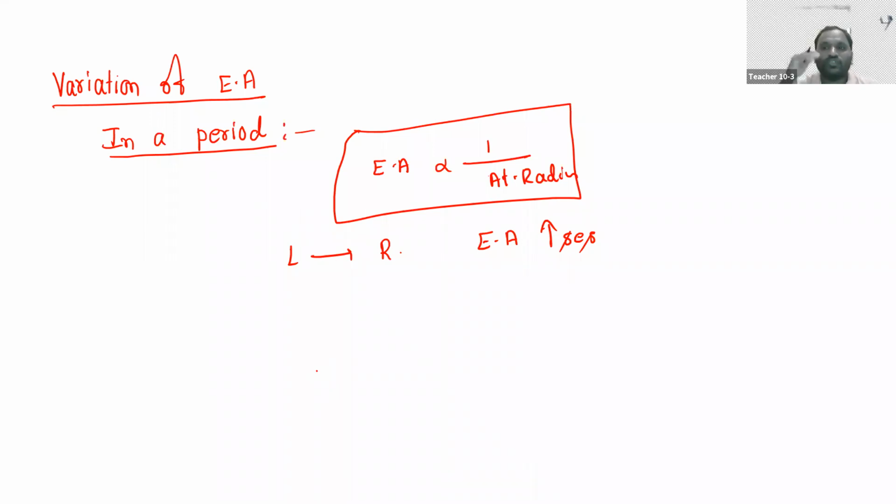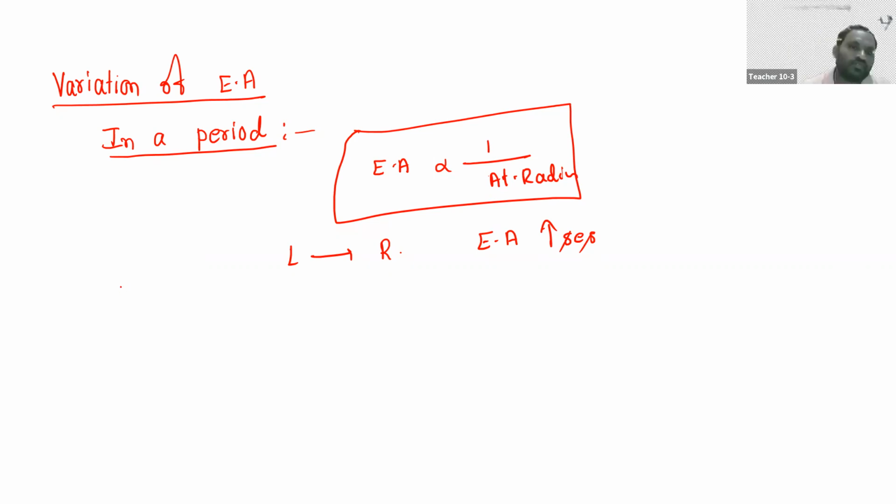They are not ready to lose electrons, and not ready to gain electrons. If they do not accept an electron, energy won't be released, so electron affinity is equal to 0.